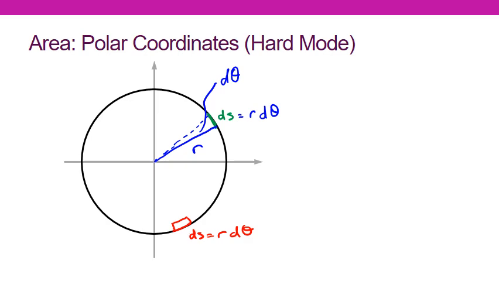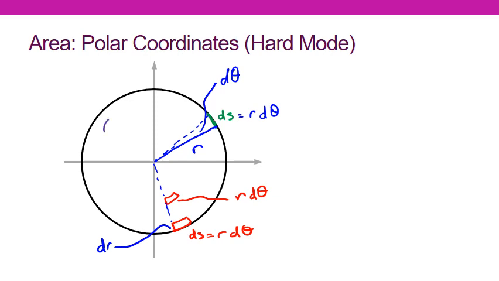And yes, as I go in, my r is going to change, but the length of my arc on any given side is still r for that piece, times the d theta for that piece. And now all I have to do is work out my other length. Since we're moving along the r direction, I'm going to call that dr.